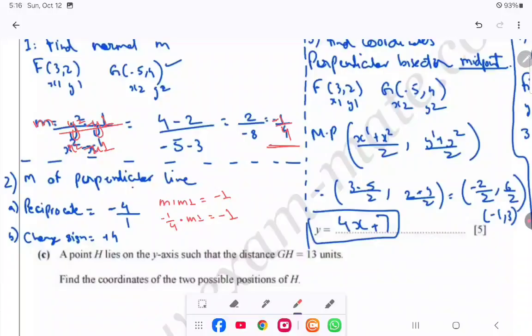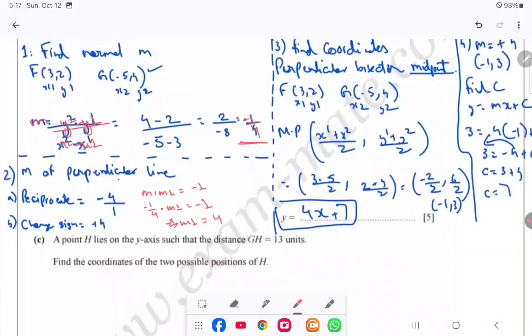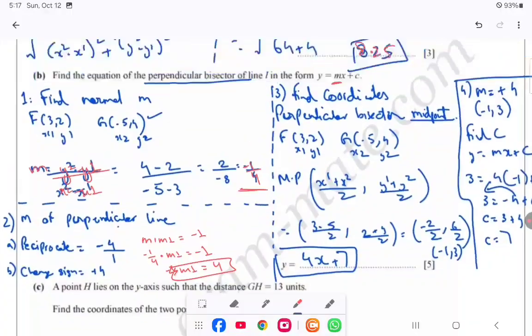Multiply both sides by 4 and multiply both sides by negative, and we are left with m slope is equal to 4. Now this is the value of the slope of the line perpendicular to FG.